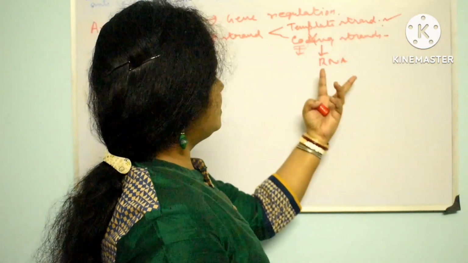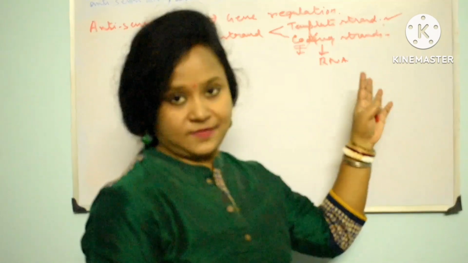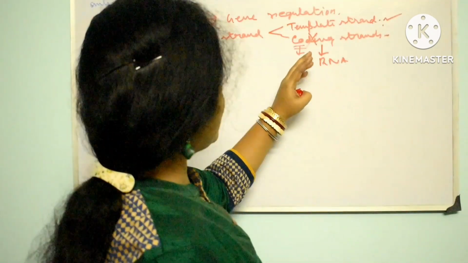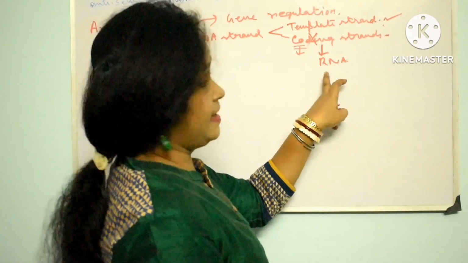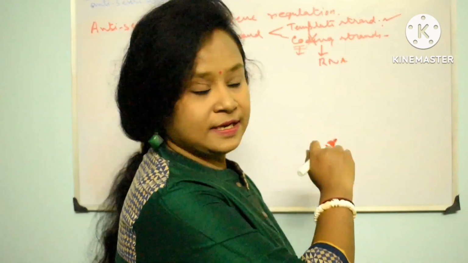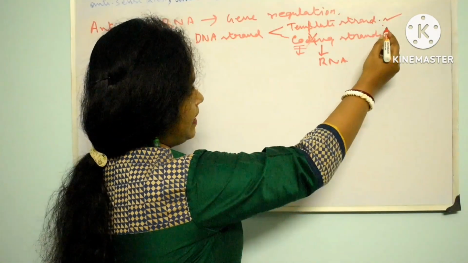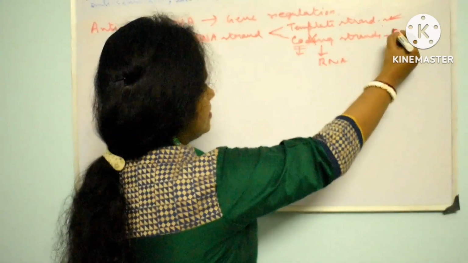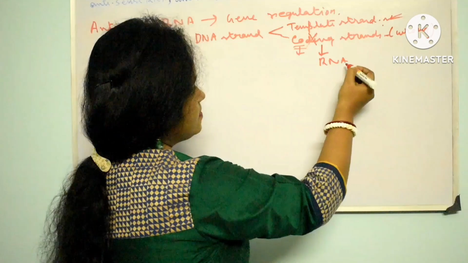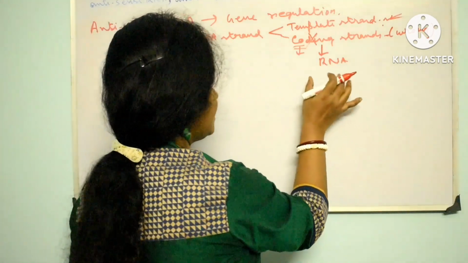Sometimes, exceptionally, this coding strand, which is normally not transcribed, can be transcribed into RNA. This is the wrong strand of DNA from which this RNA is synthesized.